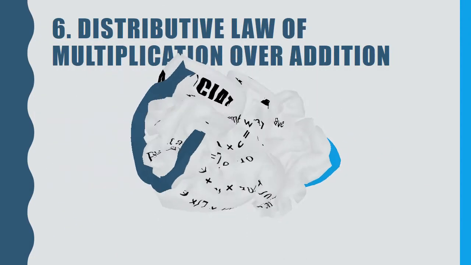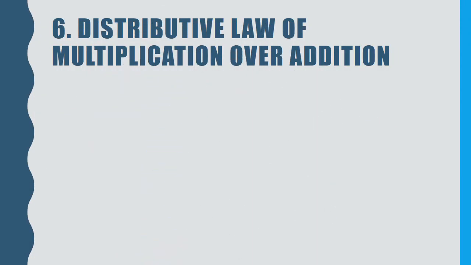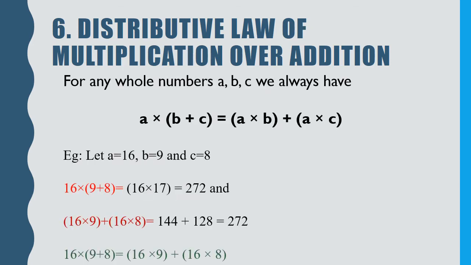Let's move to the next property, law of multiplication over addition. Please see it carefully. It is a very important law and a bit different. See, we are having three numbers a, b and c, and we are having two operations in this, multiplication and addition.